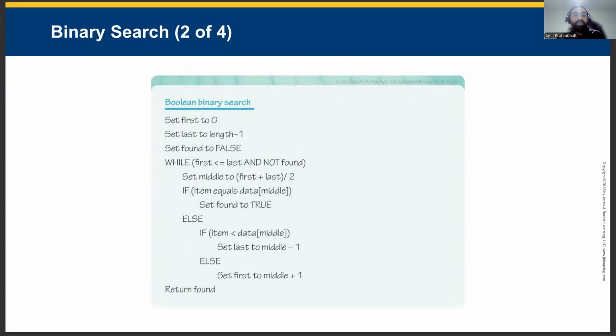Here we see a visual representation for binary search in action. Here we see how the search interval narrows with each comparison.